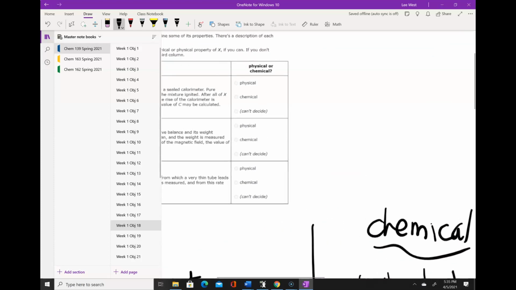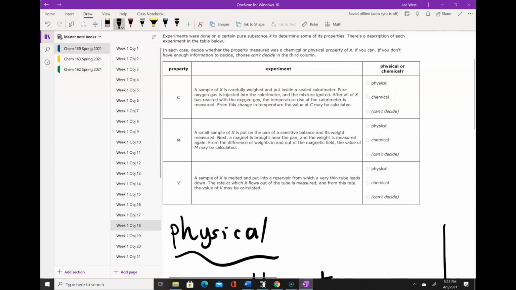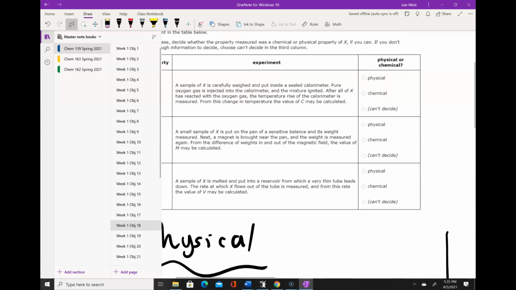So let's have a look at these descriptions, and we have to decide. It says, a sample of X is carefully weighed and put inside a sealed calorimeter. It doesn't really matter what a calorimeter is. It's just a device that we're going to seal this thing inside of. Pure oxygen gas is injected into the calorimeter and the mixture is ignited. Oh, we're trying to burn it. In fact, we are burning it because it says that we ignited it.